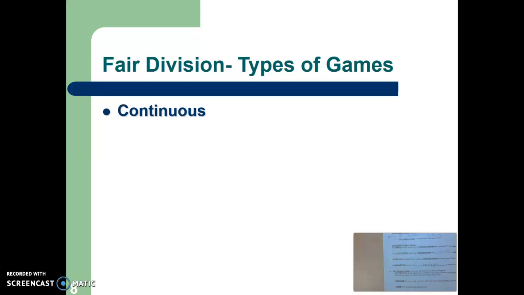Okay? So there's basically infinitely many possibilities. And sometimes it's me cutting my pizza just a hair over, even though that is a different scenario. But that's going to be continuous. Okay? Now, a discrete fair division game is when the set S is made up of objects that are indivisible, like paintings or houses or boats and so on and so forth.